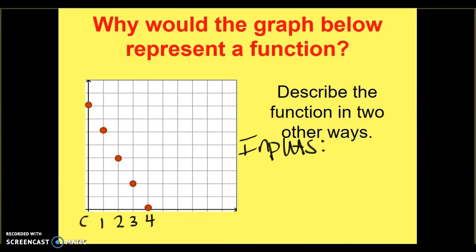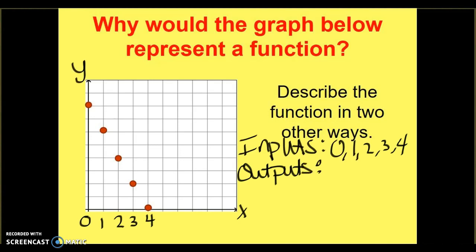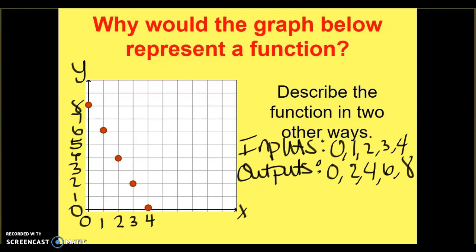Those are the x values. So inputs, we have 0, 1, 2, 3, 4. And our outputs, those are all of our y values, are taken from our y-axis, and we have 0 through 8. So our actual outputs here, we have 0, 2, 4, 6, 8. So those are a way to show that as inputs and outputs.